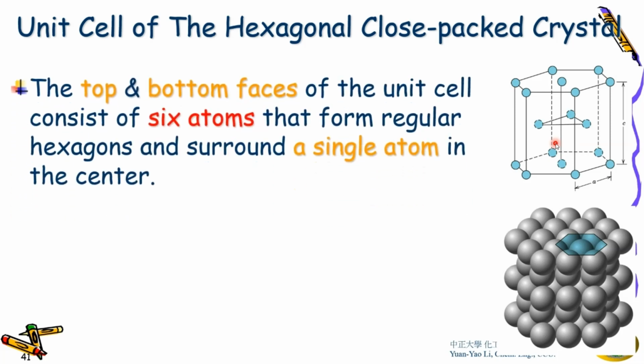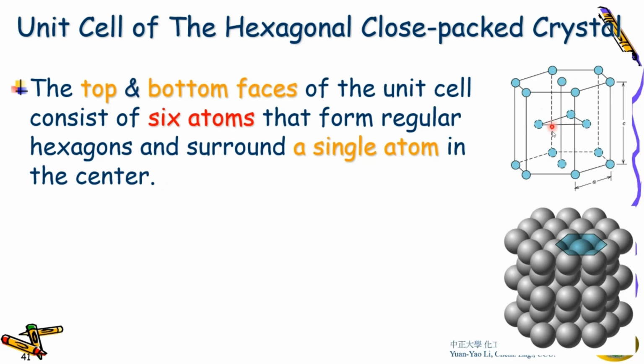The top and the bottom faces of the unit cell consist of 6 atoms that form a regular hexagon, surrounding a single atom in the center.